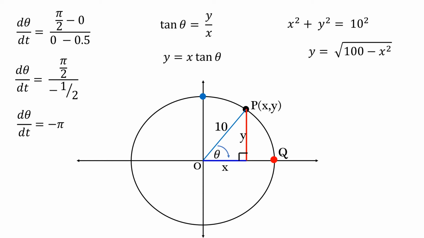We can substitute this expression, so we will now have the square root of 100 minus x squared equals x times the tangent of theta. Using this equation, we can find the value of dx/dt, and we will only have to use the value of d theta over dt.